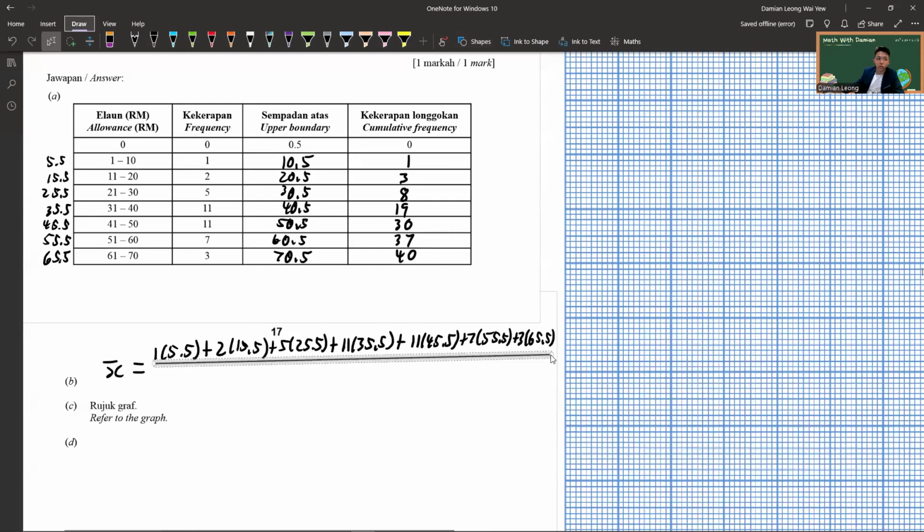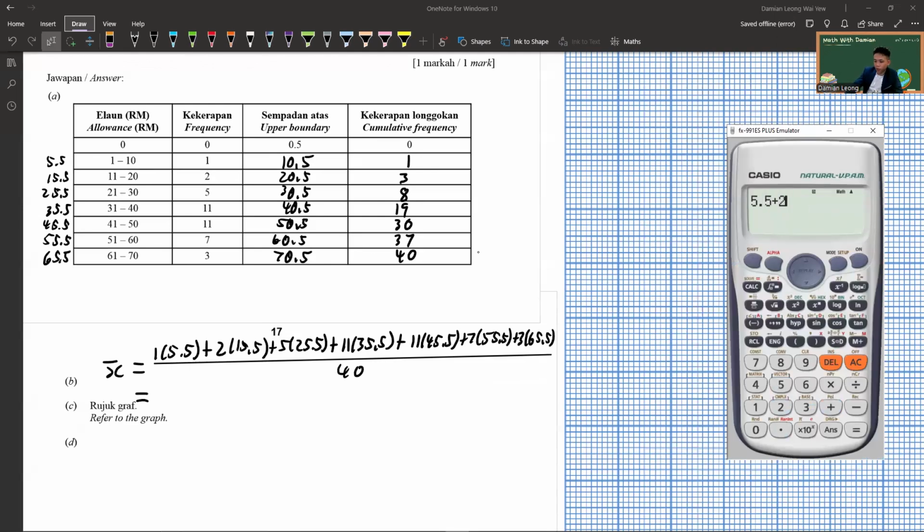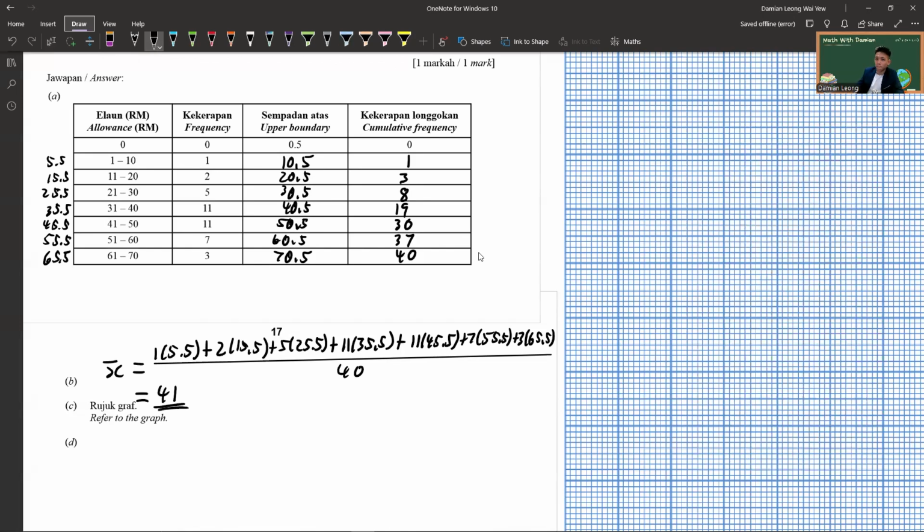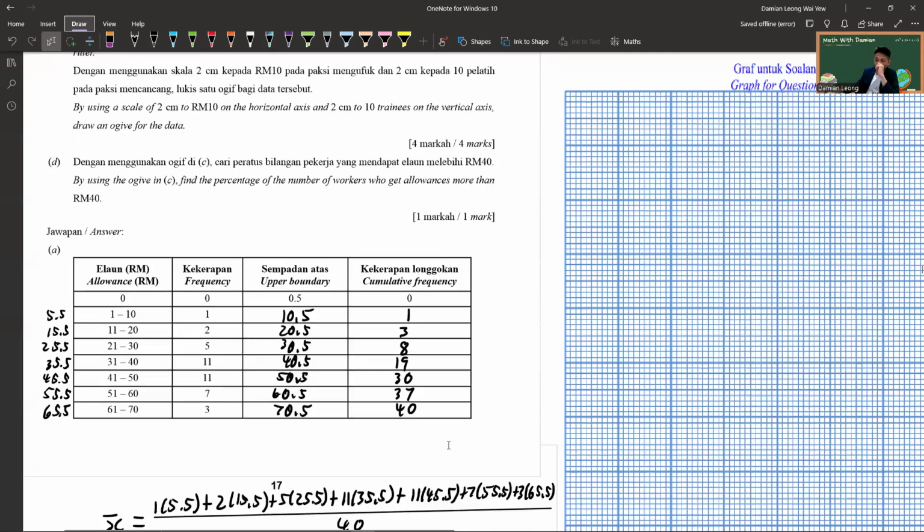Total frequency, I can straight away use 40, because I already have the cumulative frequency, which adds up all the frequencies. So we calculate 5.5 plus 2 times 15.5 plus 5 times 25.5 plus 11 times 35.5 plus 11 times 45.5 plus 7 times 55.5 plus 3 times 65.5, divided by 40. 41. Yeah, you want to show this working.